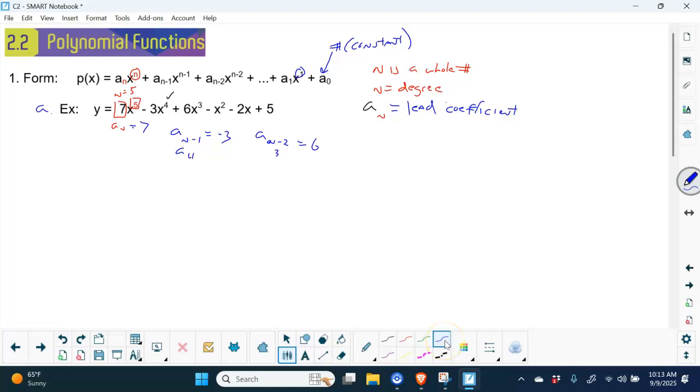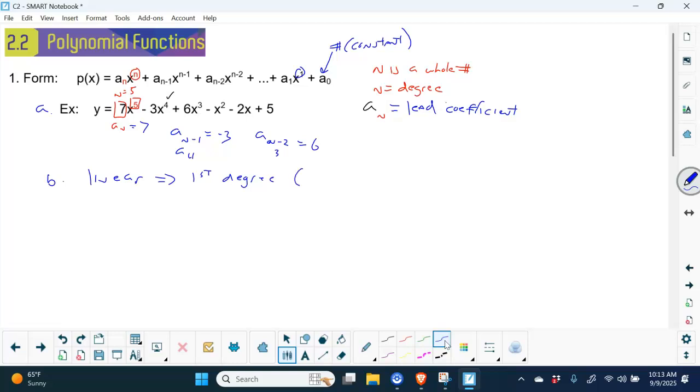Let's make the example A. Let's go B here. So let me just give you a couple of aspects here. So when we're talking about linear, remember, linear are things that are lines, then it's going to be first degree. So the highest power is going to be to the first power, so it's going to be a first degree.